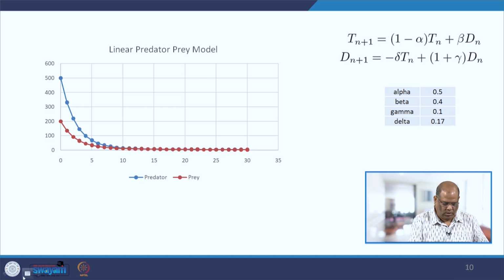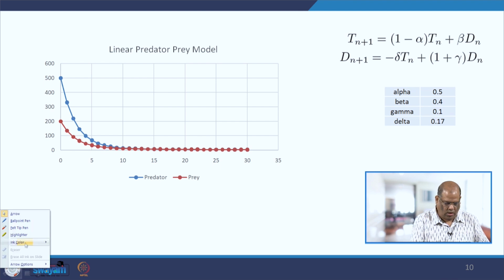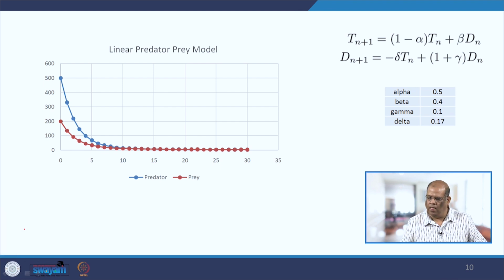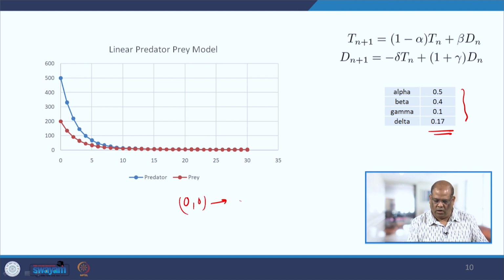Let us now go back to the slides, quickly recapitulate the numerical results. So this is your case 1, where your alpha is 0.5, beta is 0.4, gamma is 0.1 and delta is 0.17. This is the case where 0, 0 is stable, and you see that you have started from 500 and 200 and you reach the point 0.